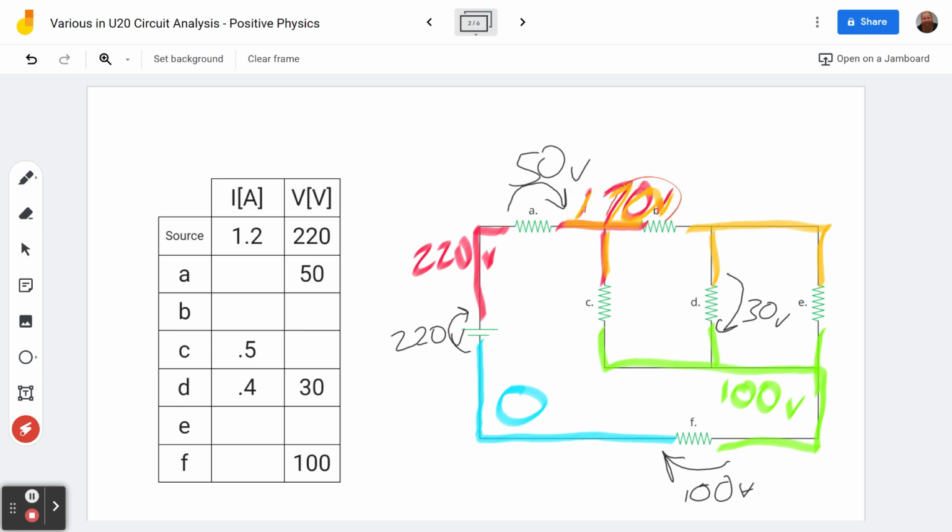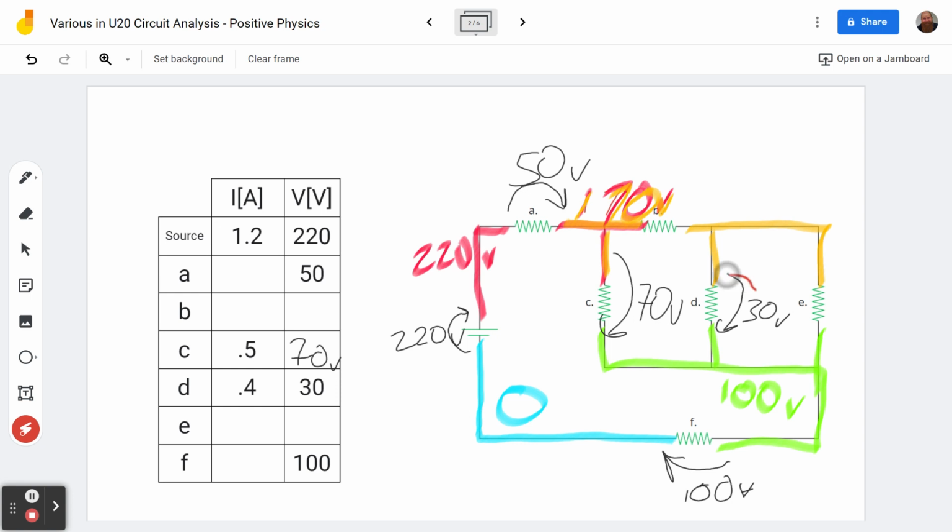Okay, so then we can look up here. We see that we're going from orange to green. Well, to go from 170 to 100 means that we would lose 70 volts. So then we can plug in C would be 70 volts. Now the only thing we have left is to figure out what this yellow section is up here.